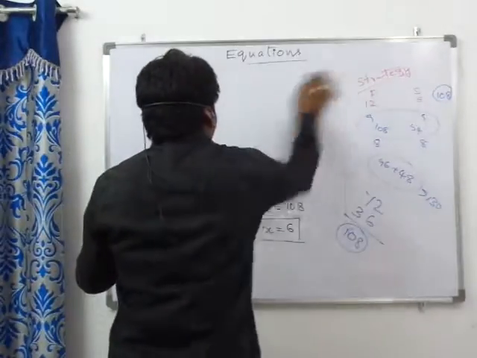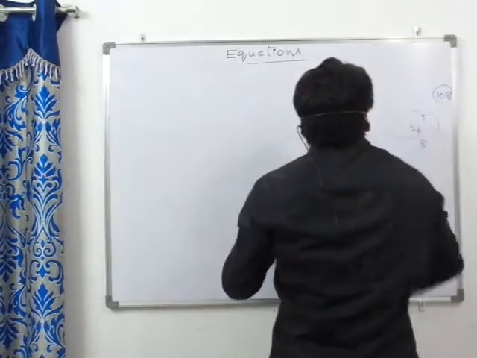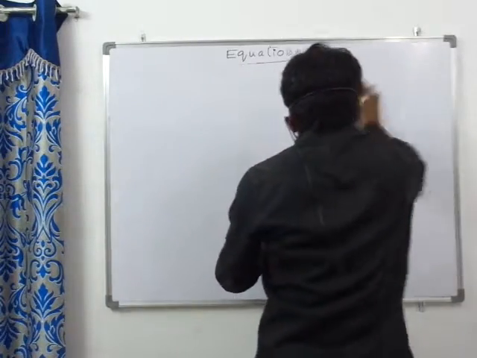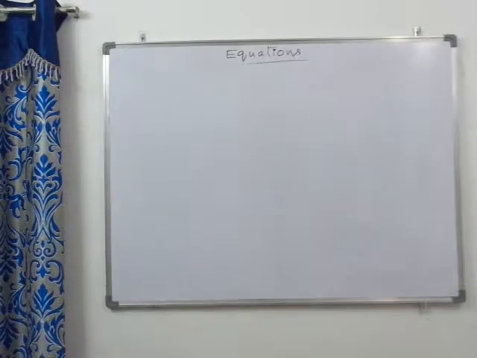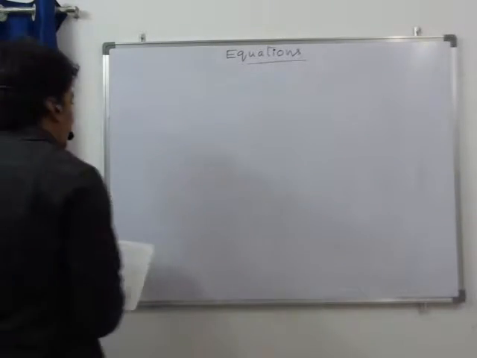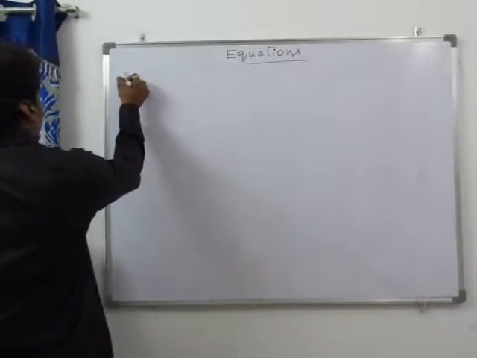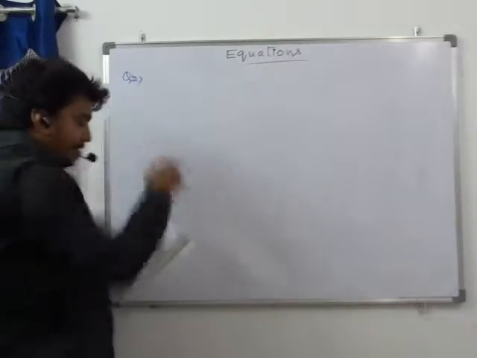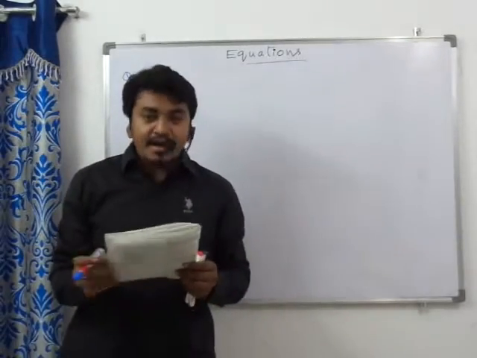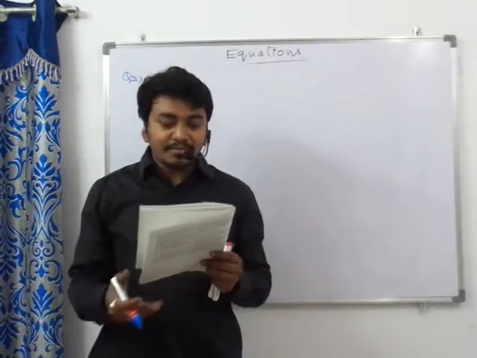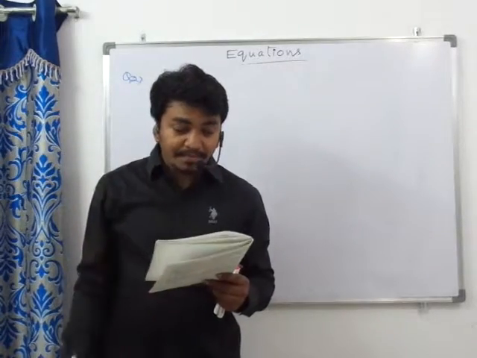Now, second question. Anurag has 5 times as many marbles as Sudhir.